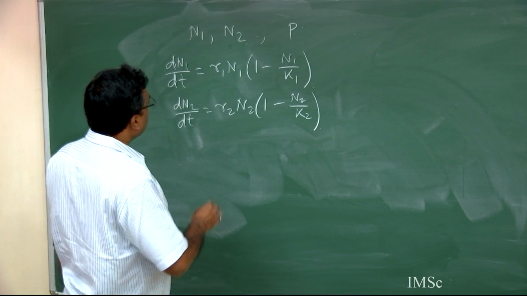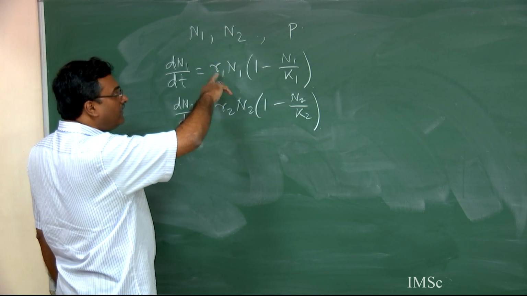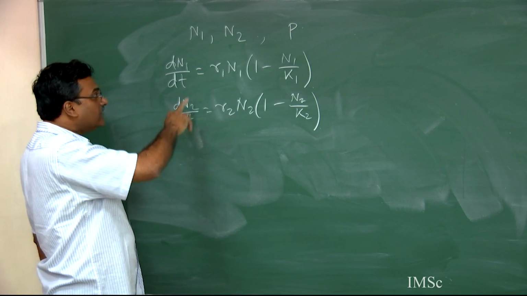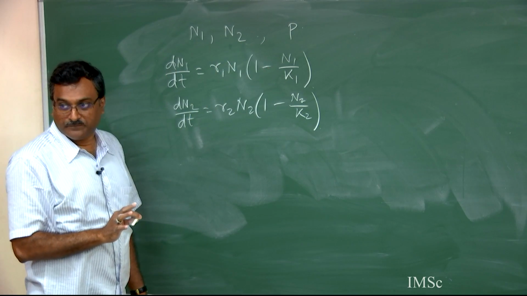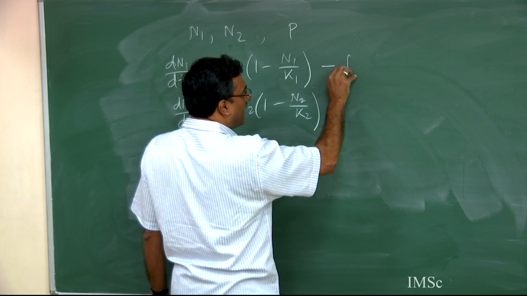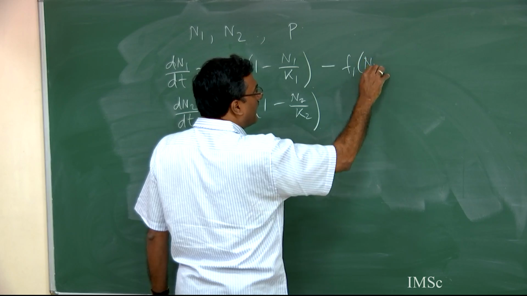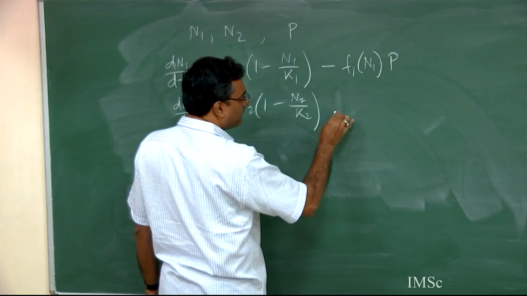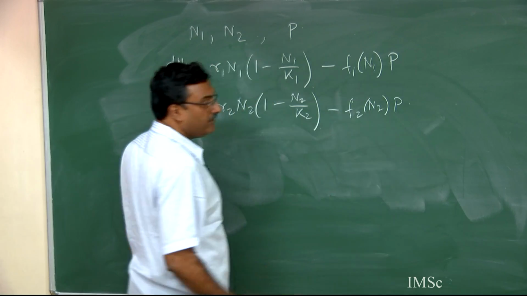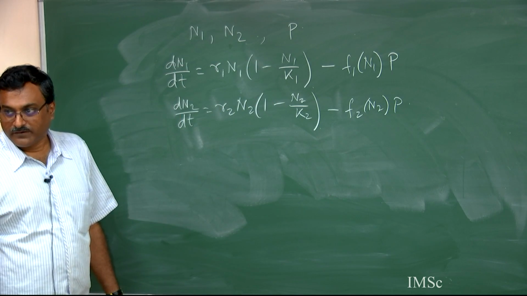That means resources required for the growth of N1 and N2 are abundant. Next, we are assuming that N1 is consumed by the predator P, and N2 is also consumed by P. Therefore, we will be having this kind of term, say minus F1 N1 P minus F2 N2 P, right?